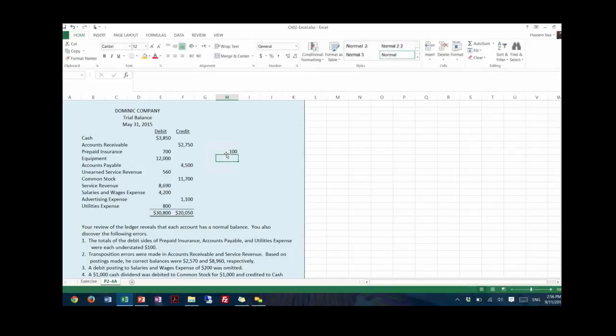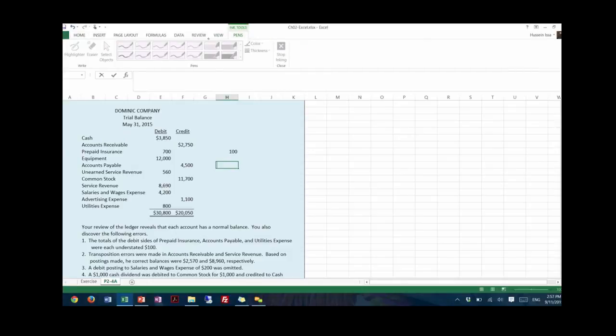Accounts payable, also plus 100. No, actually, be careful. Here, the debit side for accounts payable was understated by 100. So what do you need to do? Minus. If you feel that you're getting confused, you can draw it like this. We have accounts payable.